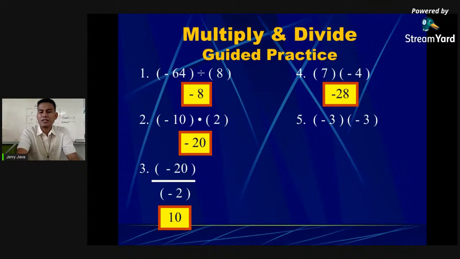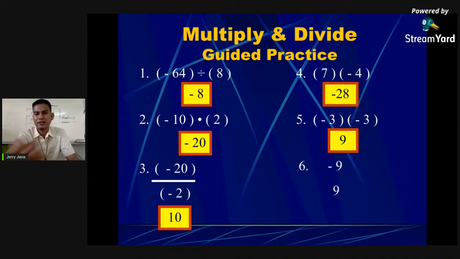Okay, 3 times 3 gives you 9. What's the sign of 9? Both are negative. Like signs, same signs, is positive. So that's positive 9 or 9. That's correct. Congratulations. Number 6.